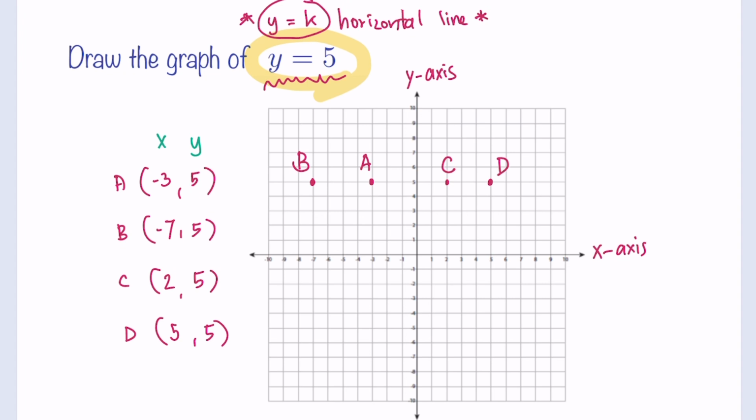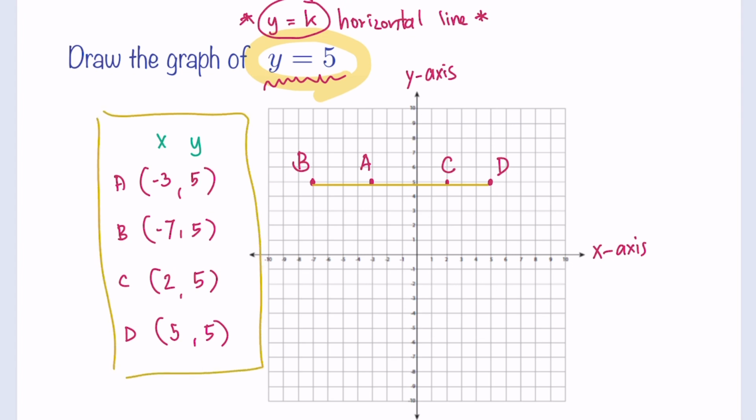And when you connect these 4 dots together, it forms a straight line. And this is a horizontal line. So if you get asked to draw the graph of y equals 5, what you need to do is come up with some example points. I would usually use 3 to 4 points and connect them to see where they should be sitting on the graph.